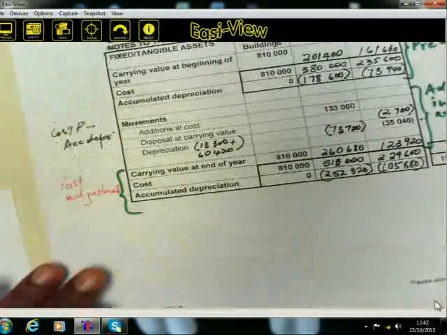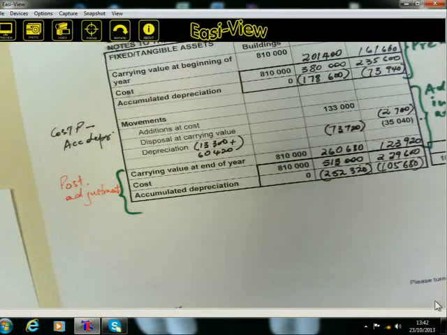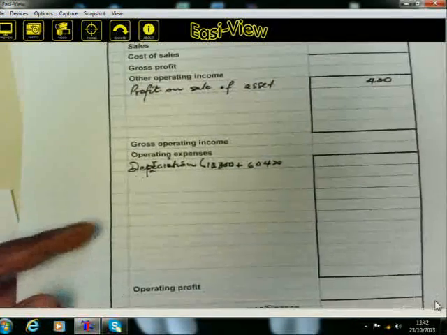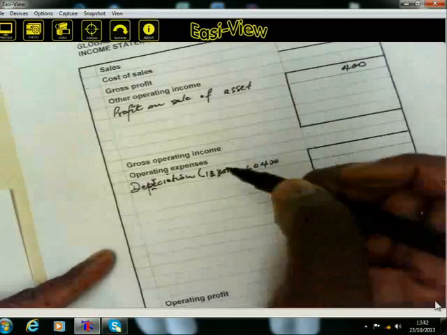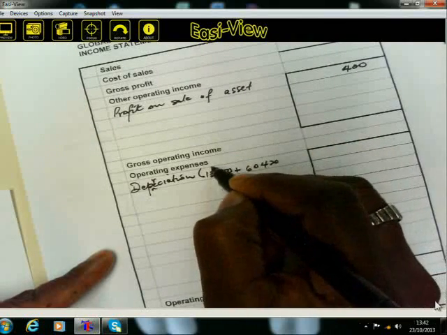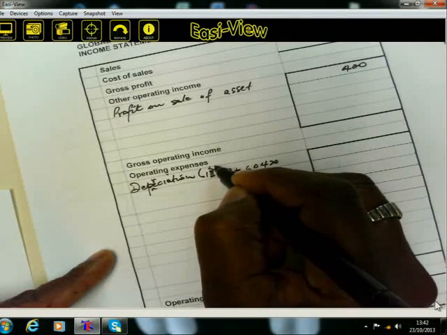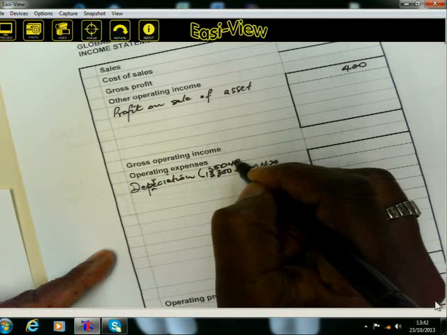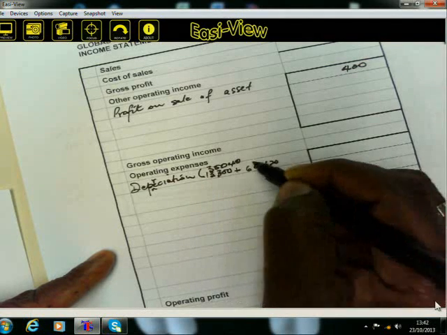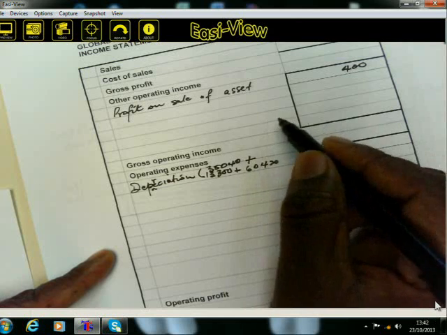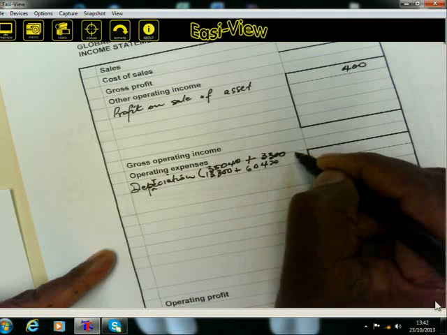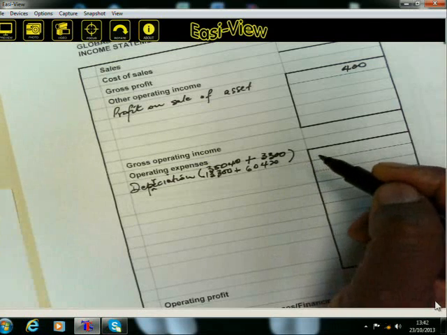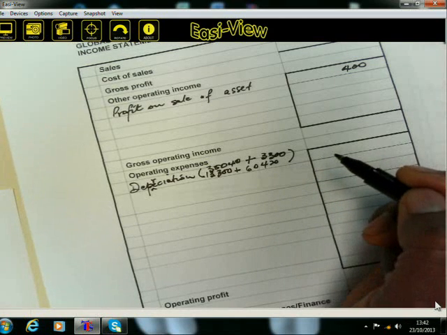Then this information, the 35,040, we were given, but it's not been entered into the income statement. So in the income statement, we will also have to include the 35,040 that we were given for the equipment, plus the 3,300 for the disposed equipment.